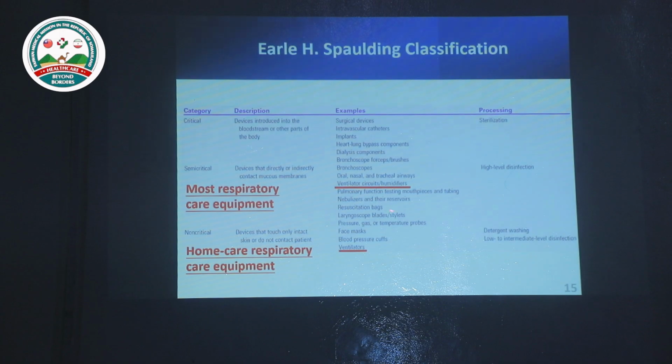So for respiratory care equipment in hospital, we need high-level disinfection, but for home care equipment, we step down to low to intermediate level disinfection. I think in this hospital, maybe we can start with low to intermediate level disinfection first for home care respiratory equipment.